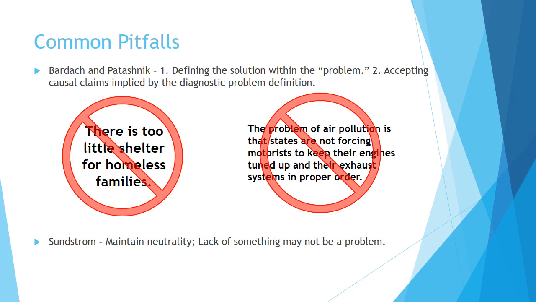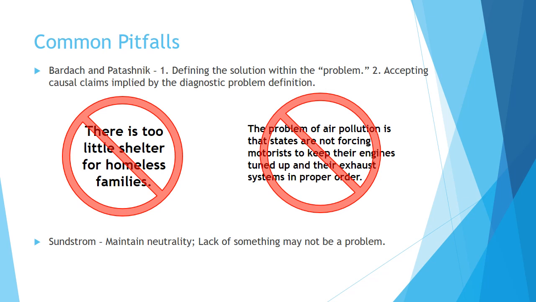The other problem that they identify is accepting the causal claims implied by the diagnostic problem definition, which falls back to the earlier slide about the air pollution example. So there's a pitfall in that you may accept that linked causal claim as the problem definition, and that's really not appropriate.